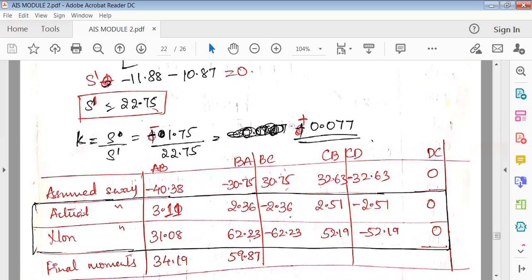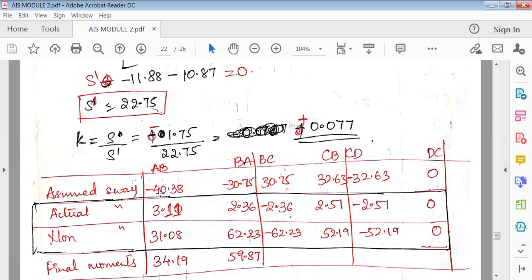The actual sway force or the sway moment is the assumed sway at that particular member, at that particular joint, into the correction factor. In order to keep the frame in equilibrium and to maintain all the moments, we are applying this correction factor at this portion here.